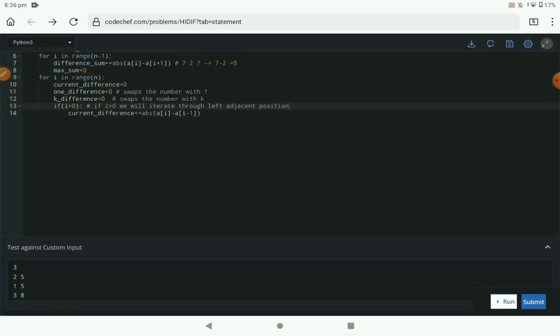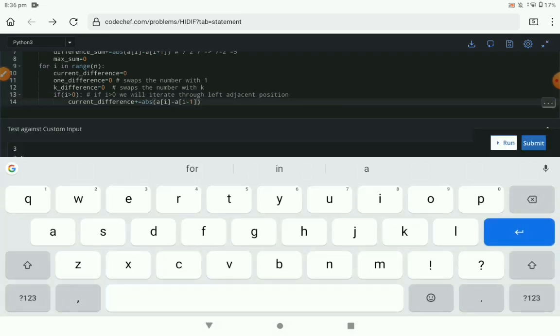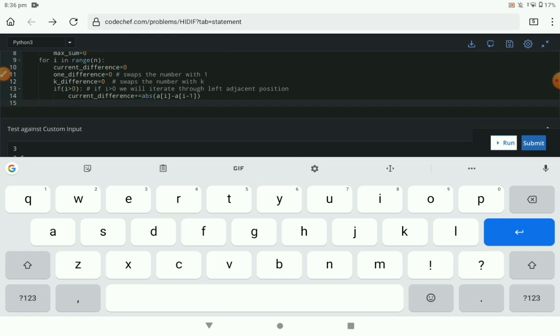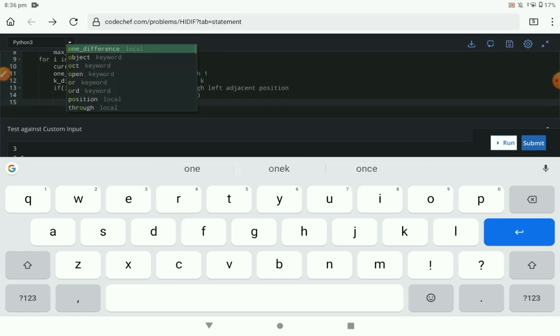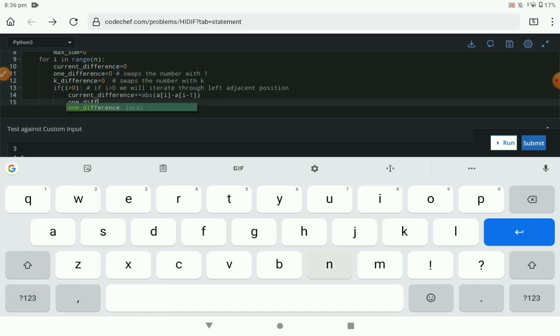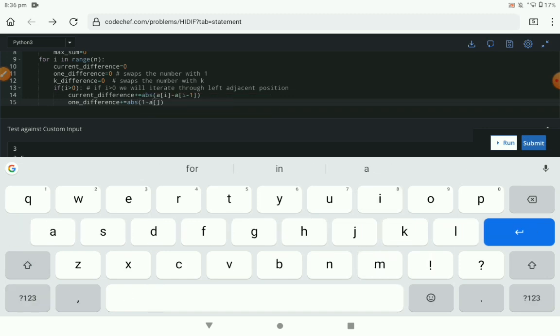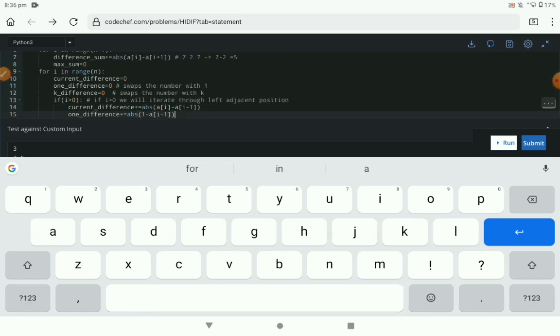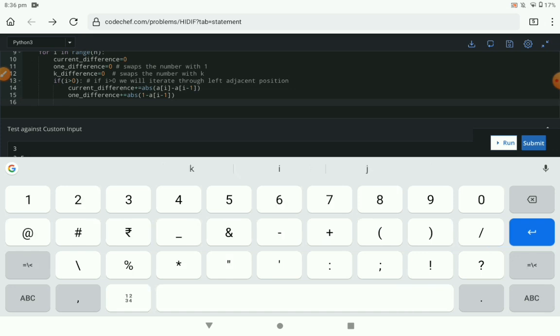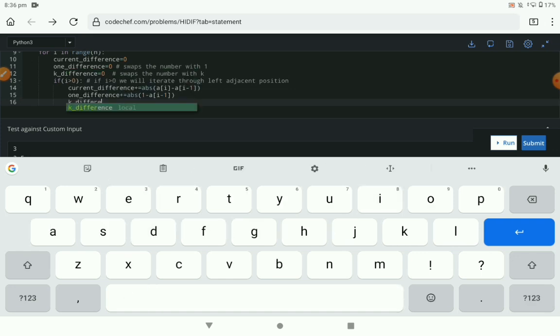Is that clear? Basically, i minus 1 is to the left of i. So now our one difference, and now our k difference.